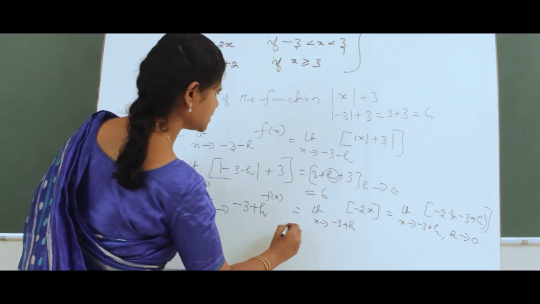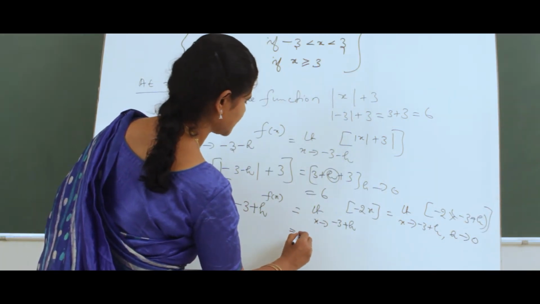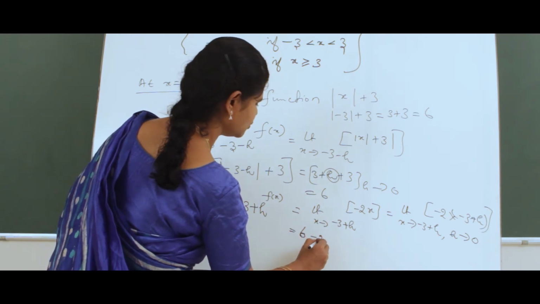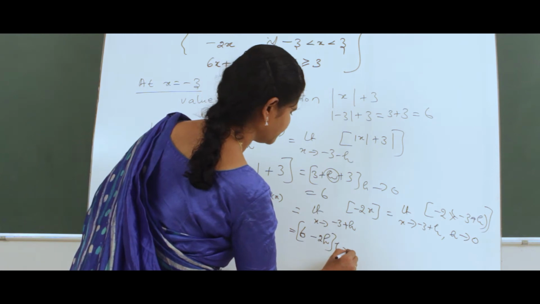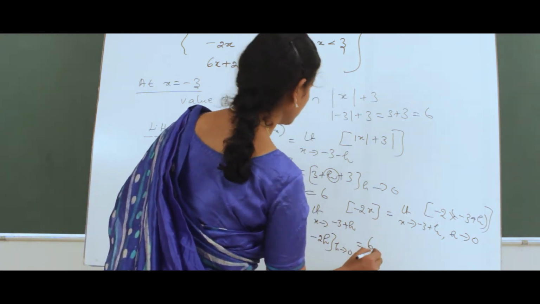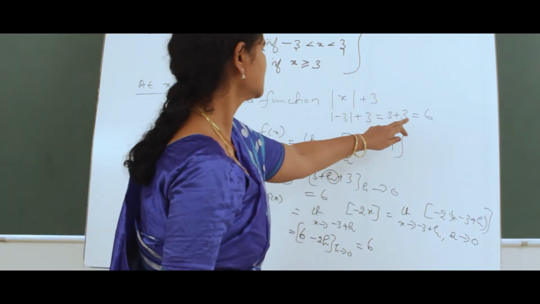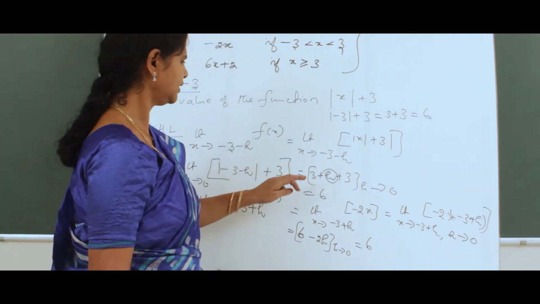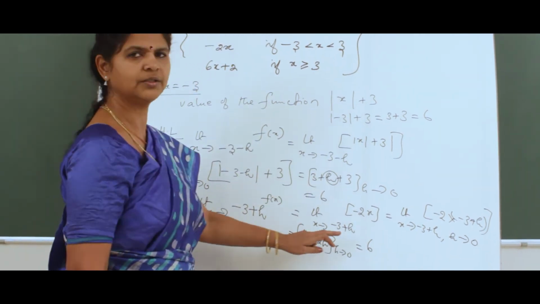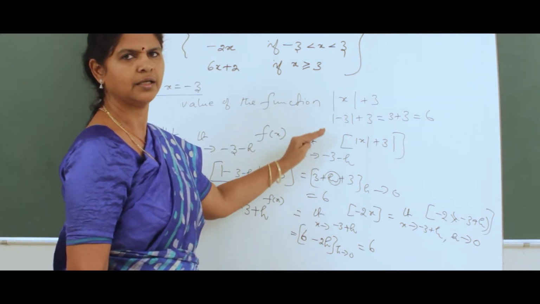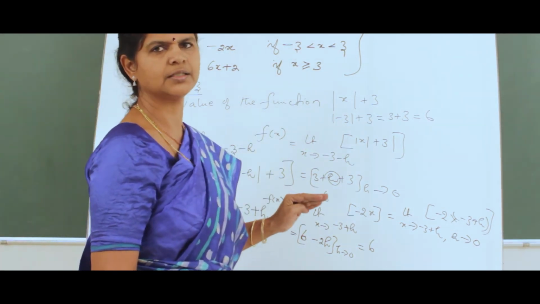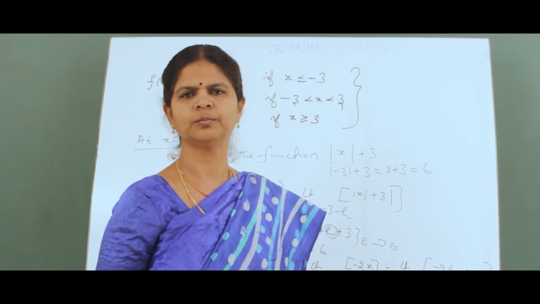So the value is 6 minus 2h, as h tends to 0 the value is 6. So the value of the function is 6, the left hand limit is 6 and the right hand limit is 6. So the three values coincide. So the function is continuous at x equal to -3.